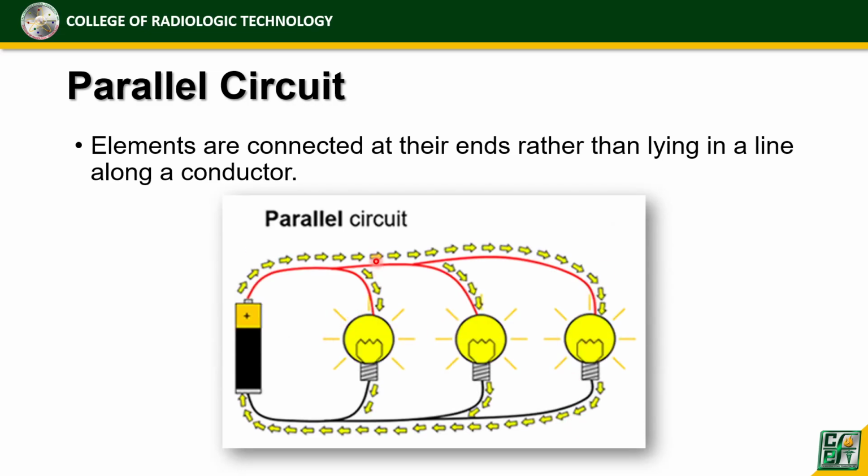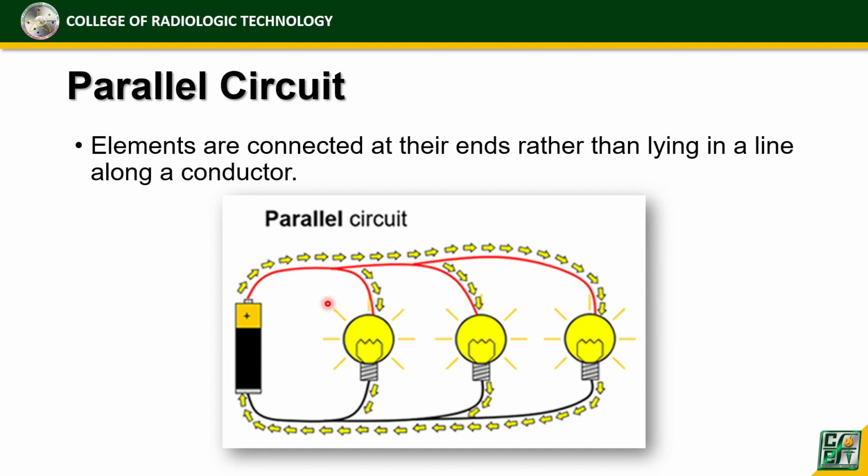So, ito yung bawat circuit element. Circuit element 1, circuit element 2, circuit element 3. They are connected daw sa ends. Okay? So, that makes a parallel.